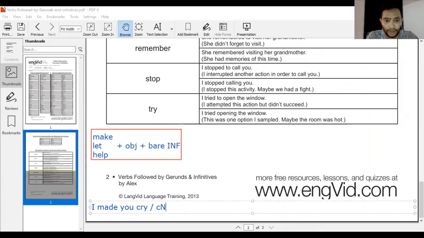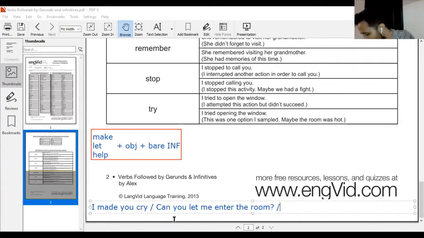Like, for example, let me. This one, take a look. ¿Qué significa esta oración? Can you let me enter the room?